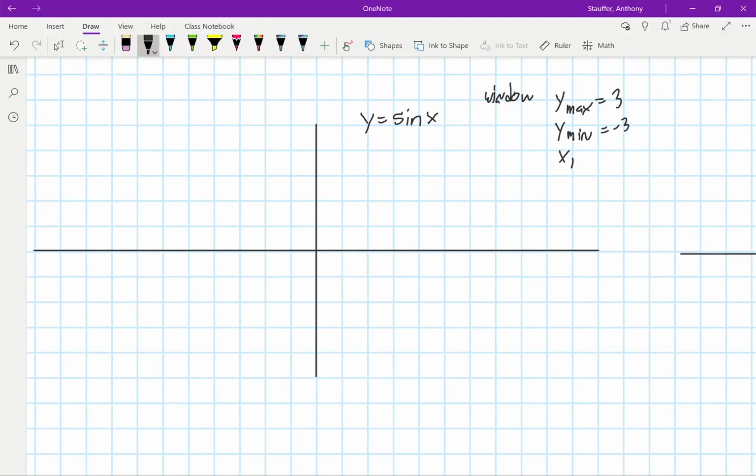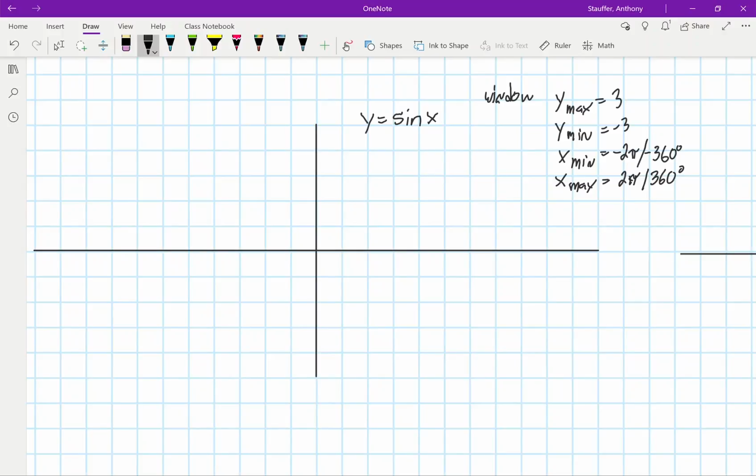And then we're going to have x min as either -2 pi or -360, depending on if your calculator is in degrees or radians. And our x max will be equal to 2 pi or positive 360. Again, this is depending on if your graphing calculator is in degrees or radians.